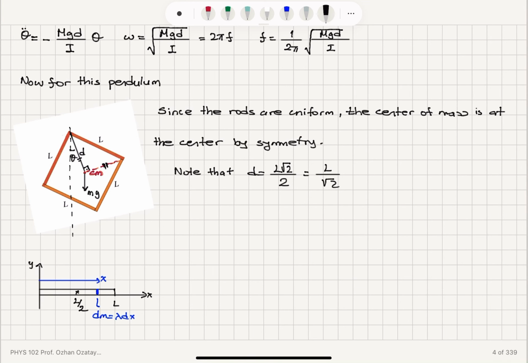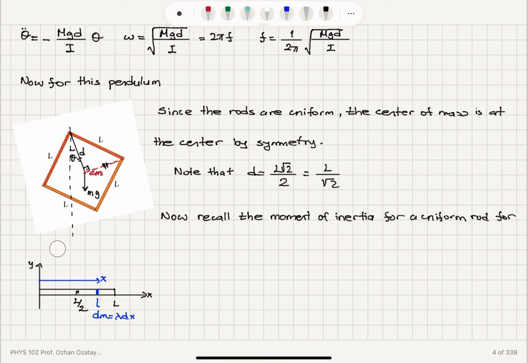Now, we need to recall the moment of inertia of a uniform rod. So let's do that. Now, recall the moment of inertia for a uniform rod or a uniform stick, and that's for a rotation axis that goes through the center of mass.